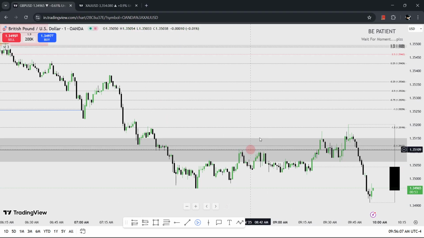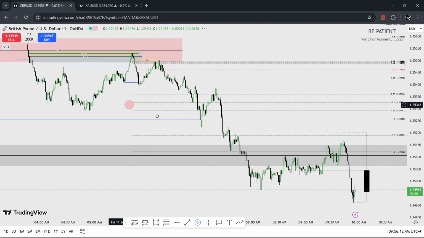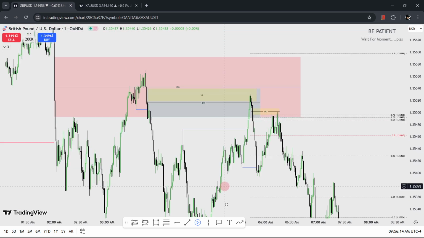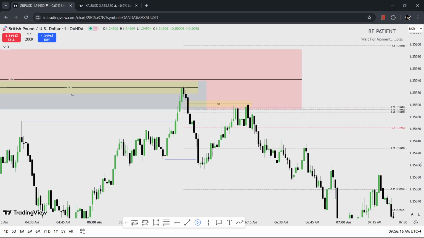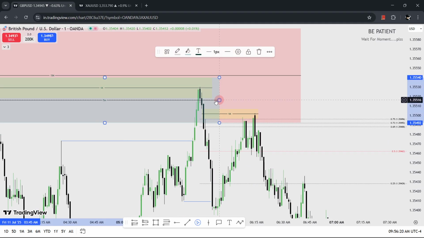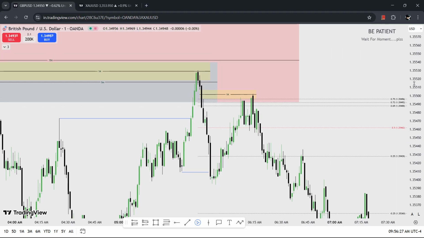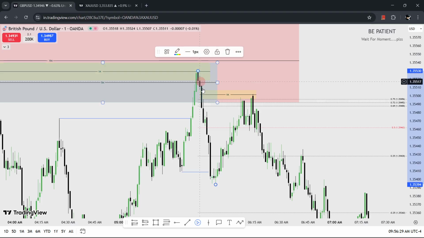So going back to the trade. We have now come to our 5 minute fair value gap plus this 1 minute, and we have a proper low here. The low was taken, and I just took out the displacement from this side to this low.